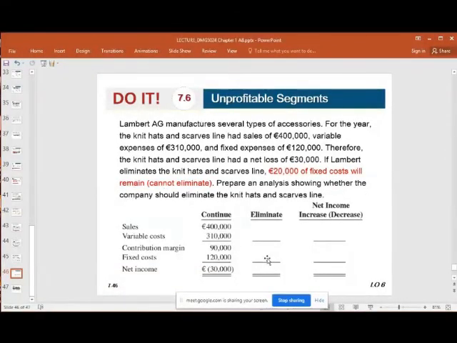So 120,000 reduced to 20,000, you have a net income of 100,000. Okay, and then your contribution margin, since sales and variable cost is 0, so your contribution margin is negative 90,000.